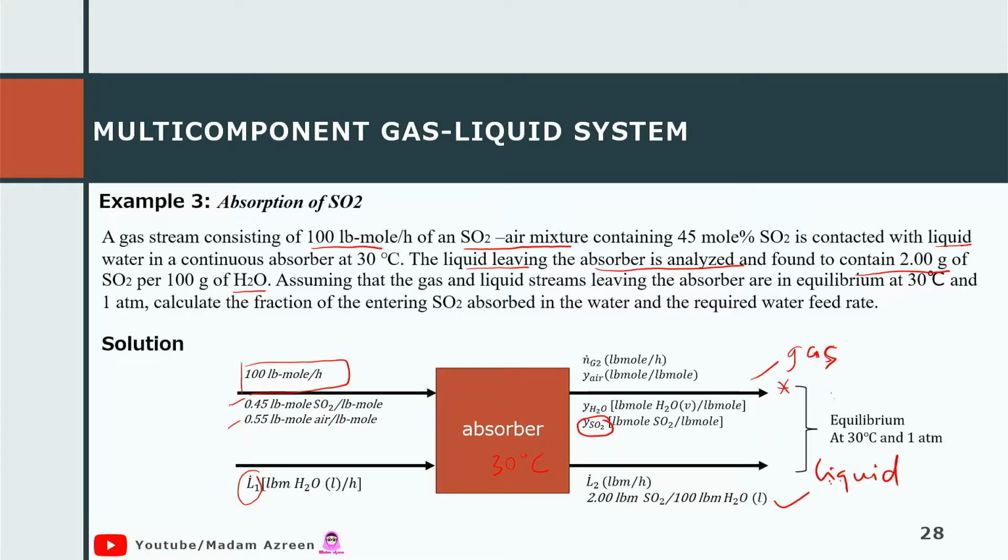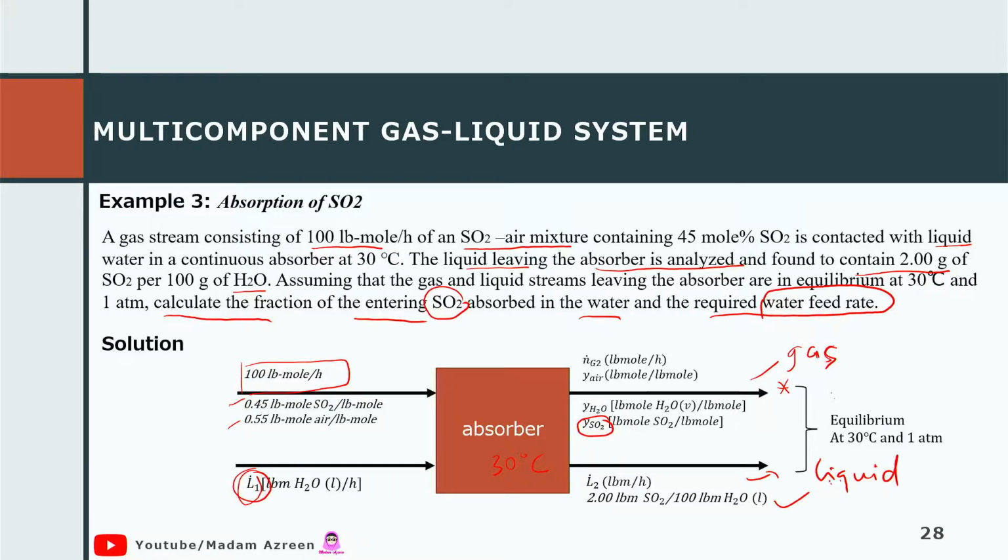It cannot be 100% separated. What we need to calculate is the fraction of SO2 that enters the water, which is at this stream, how much SO2 is actually absorbed in water, and how much the required water feed rate is. We have to determine this value.